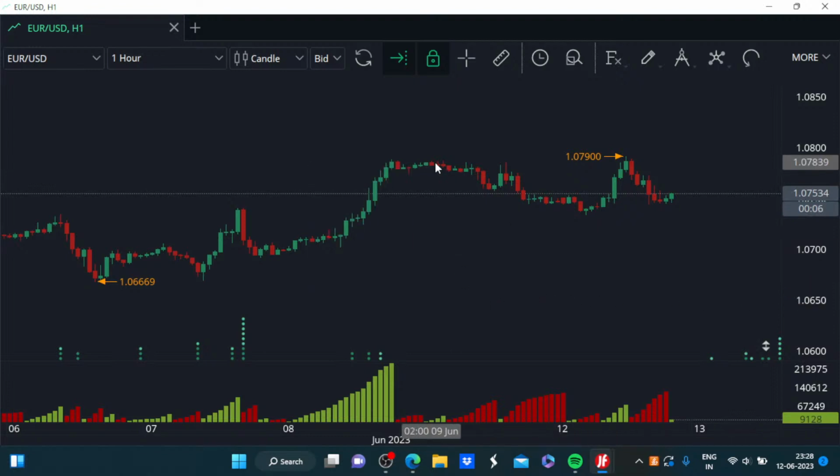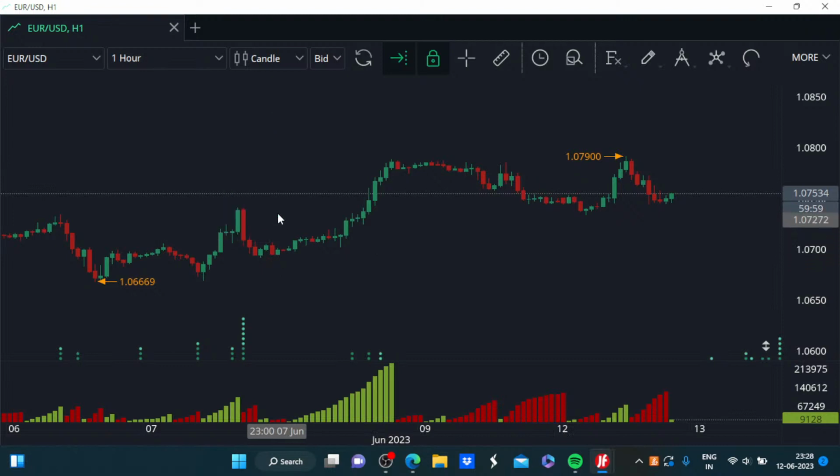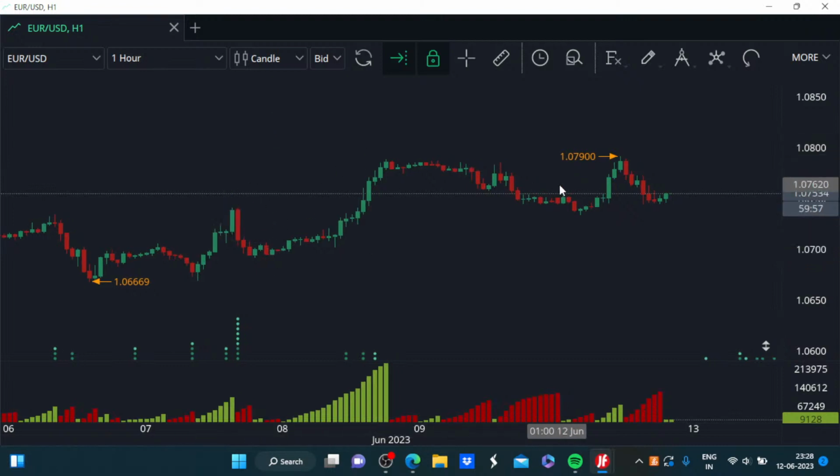So if we simply look at the price formation of the last two sessions for the Euro USD, we can look at these recent highs and lows formation. And even though the formation has been of higher highs and higher lows for the Euro USD on the hourly chart, we haven't really observed much of a gain for these last two sessions.